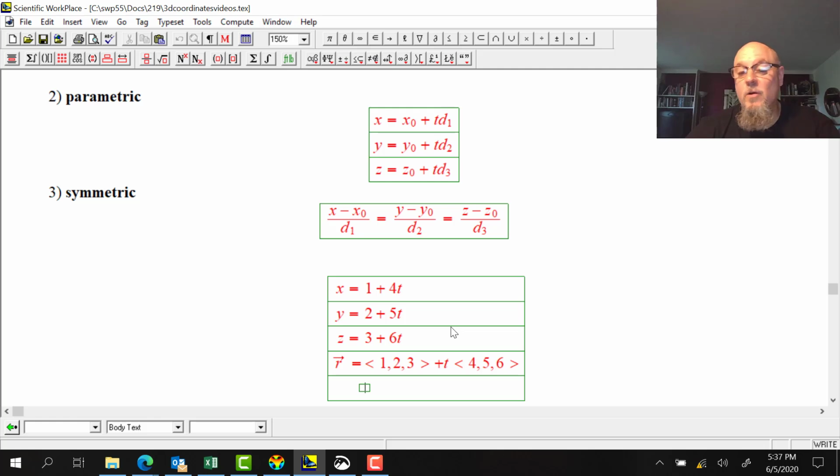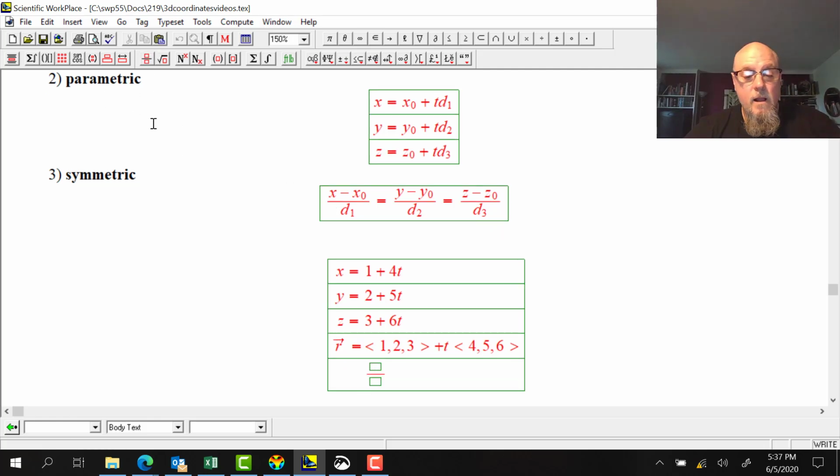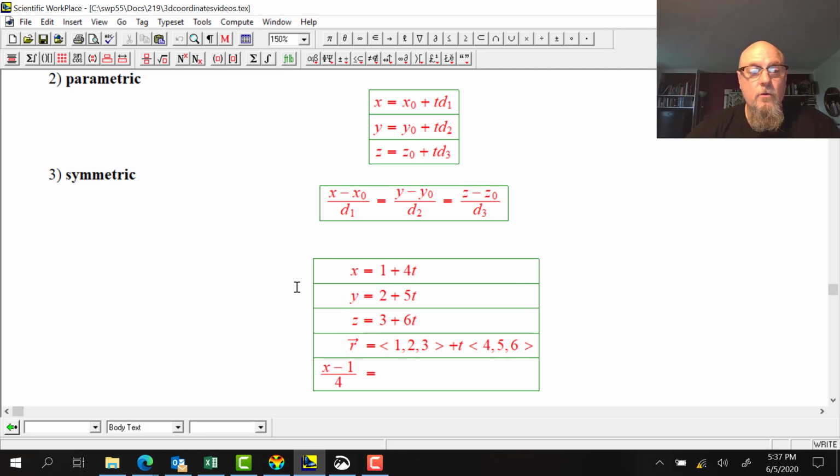Let's do that symmetric one now. So for symmetric, it's going to be x minus 1 divided by 4 is equal to y minus 2 divided by 5 is equal to z minus 3 divided by 6.